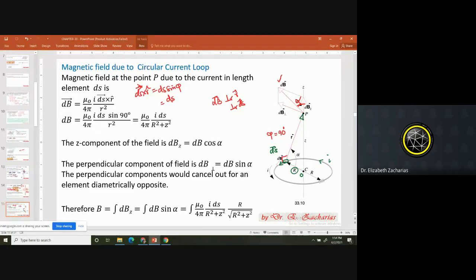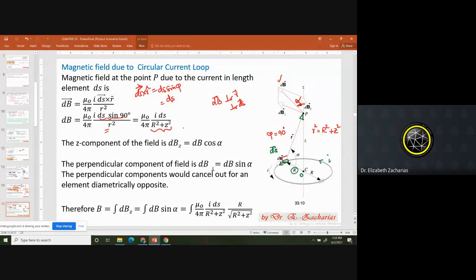Okay, so that's how you're getting this. Next, simplify it and write. Instead of small r square, from this right angle triangle, it's going to be capital R square plus z square. So substitute that also here. So you got the expression for dB.